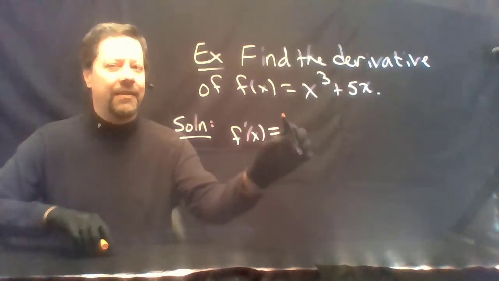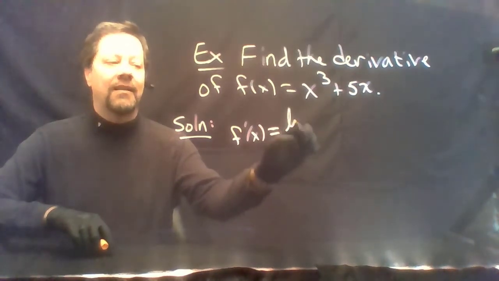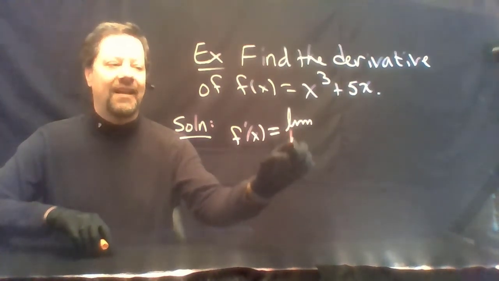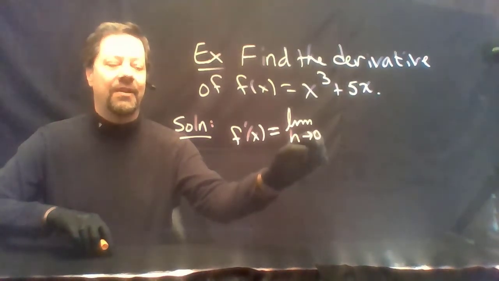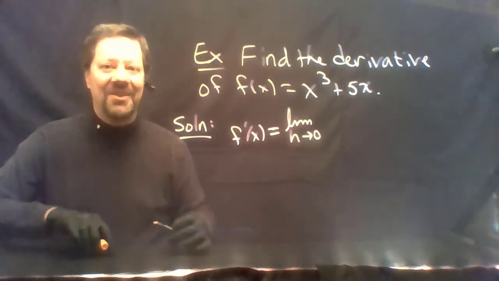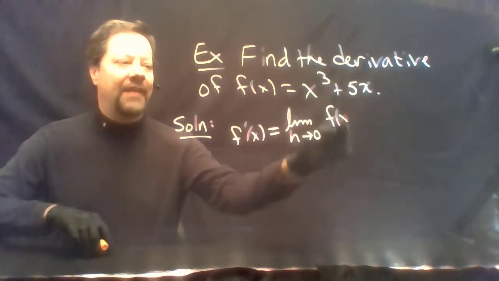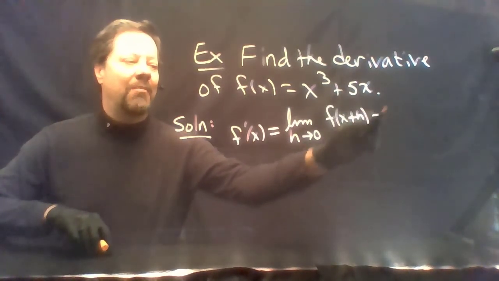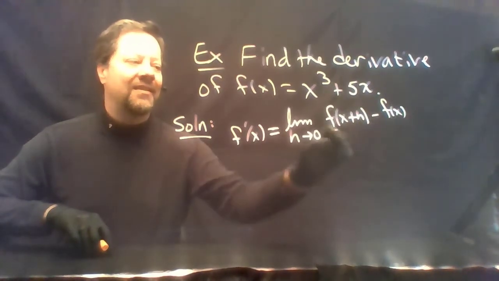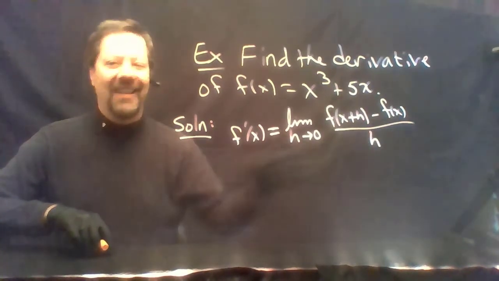After the equal sign, the very first thing will be the limit as h goes to 0. Now, do you remember the definition of the derivative? It was f of x plus h minus f of x all over h.